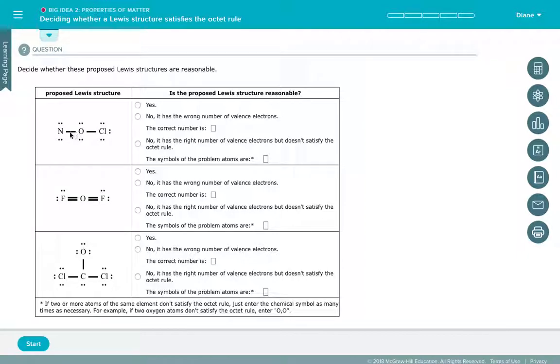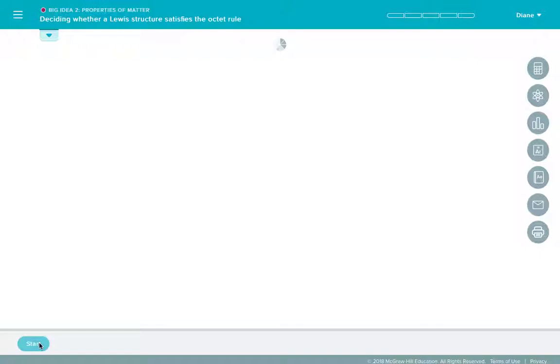Remember, each bar represents 2 electrons that are shared, but I only have 2, 4, 6 electrons around nitrogen. So it has the right number of valence electrons, but it doesn't satisfy the octet rule. So I would check this box, and the problem atom is nitrogen, which only has 6.